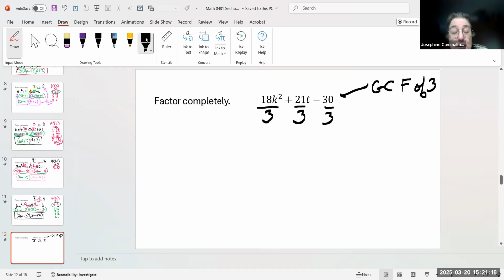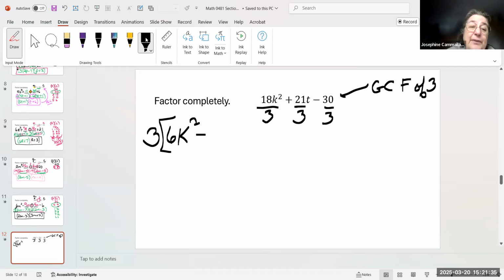Now, 2 is not going to work because I have a 21, but 3 is working, which means that 3 is going in front of a bracket, which is 6k squared plus 7k minus 10.